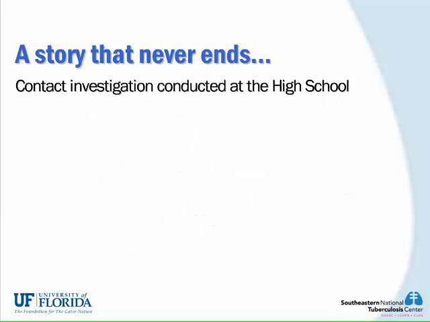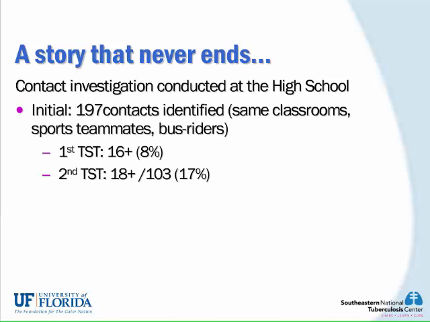So because he had cavitary and smear-positive TB, and he was a teenager, the contact investigation was conducted at the high school. Initially, 197 contacts were identified. This is based on students that share the same classroom, and teammates and bus riders with this teenager.